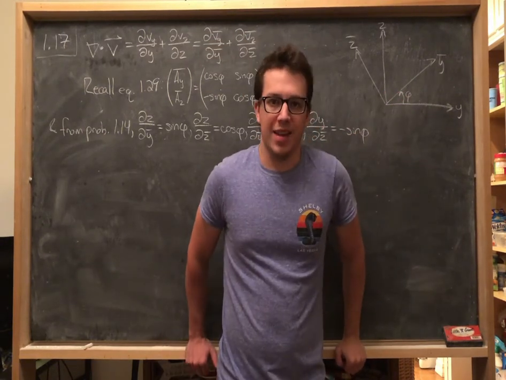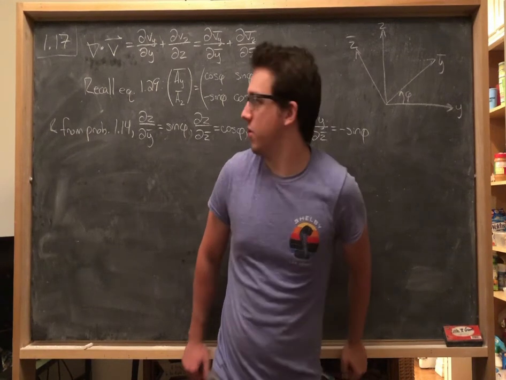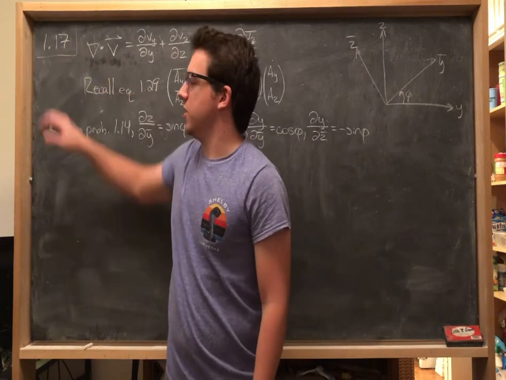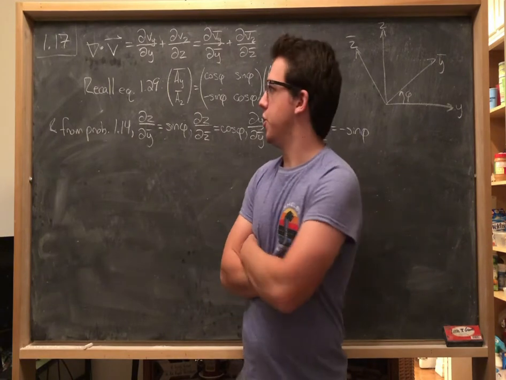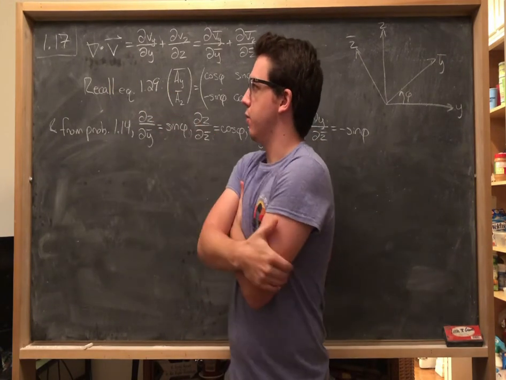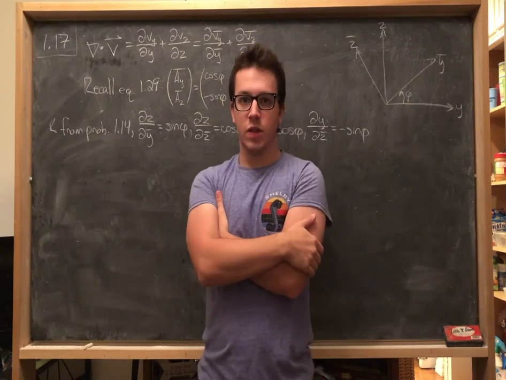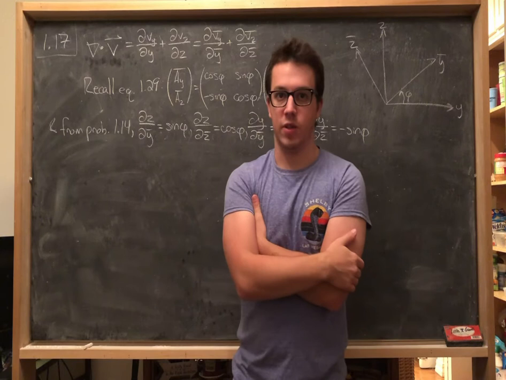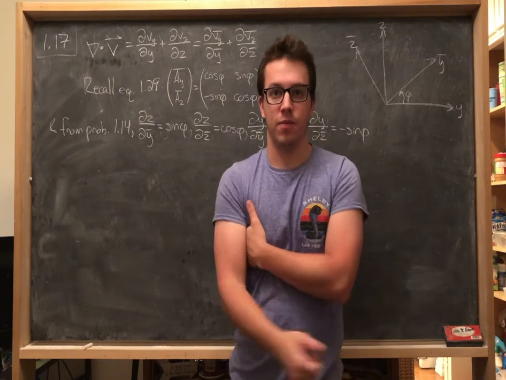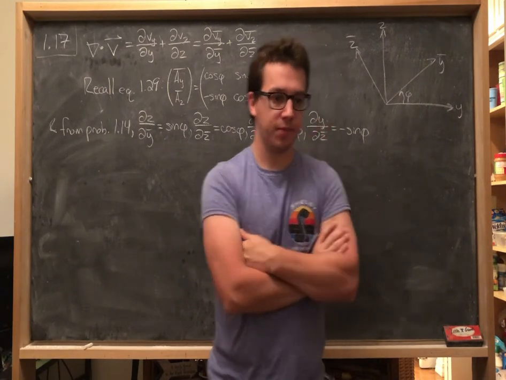And again, in problem 1.14, which is a predecessor to this because it's asking you to do a very similar thing, except rather than showing that the divergence looks like a scalar under rotations, it asks you to show that the gradient of a scalar looks like a vector under rotations.